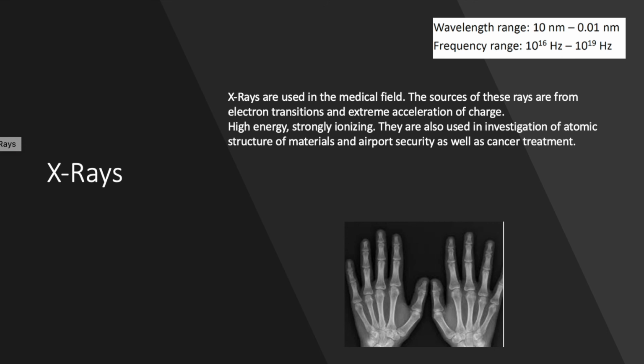When X-rays come into contact with our body tissue, they produce an image of our bones because soft tissue such as organs cannot absorb the rays at such high energies. The X-rays pass through the soft tissues and give us an image of the bone. X-rays are high energy and strong ionizing agents, and they are used in investigation of atomic structures of materials, as well as in airport security and things like cancer treatments.